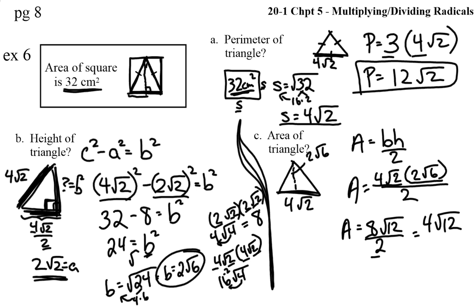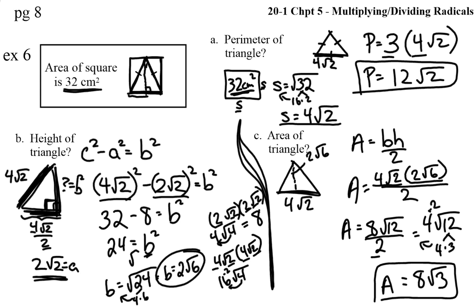However, simplify if possible. 12, 4 times 3, root out the 4, which becomes a 2. And we're left with 8 root 3 as the area of that triangle. So lots going on there, lots of little calculations, multiplying and dividing radicals.